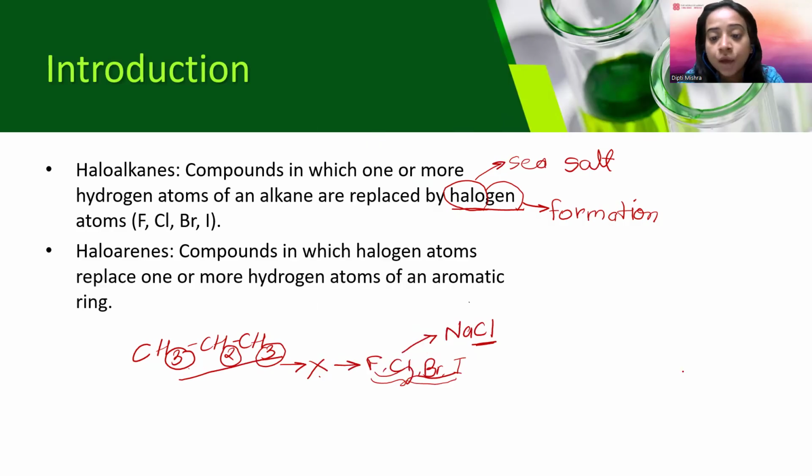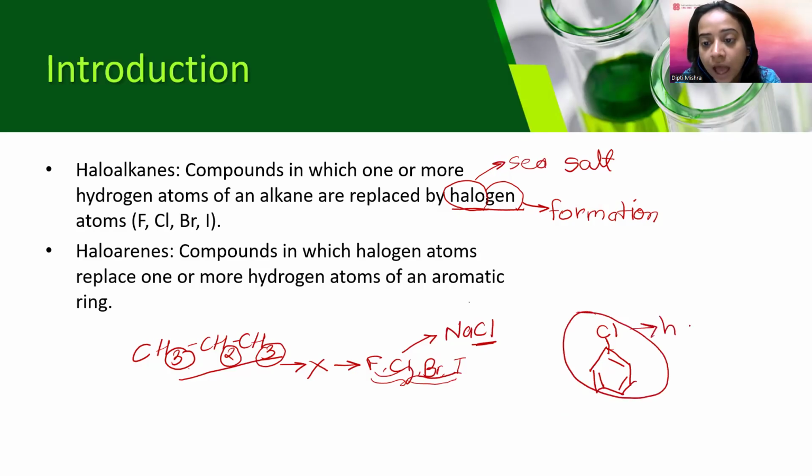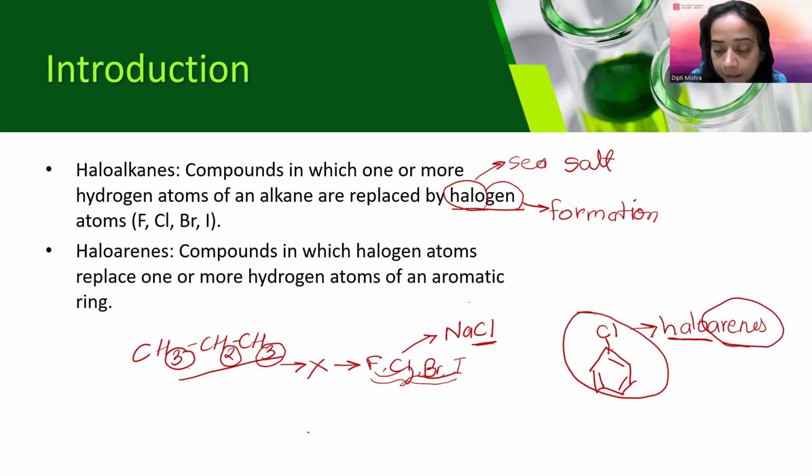In the same way, when in a ring we replace one or two hydrogen atoms by a halogen atom, then that ring structure is known as haloarenes. Again, halo came from halogen. Arenes means ring structure. Clear?